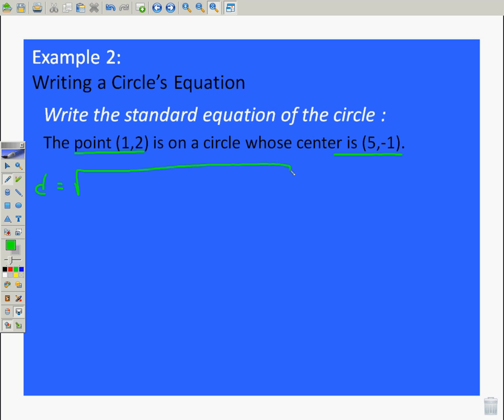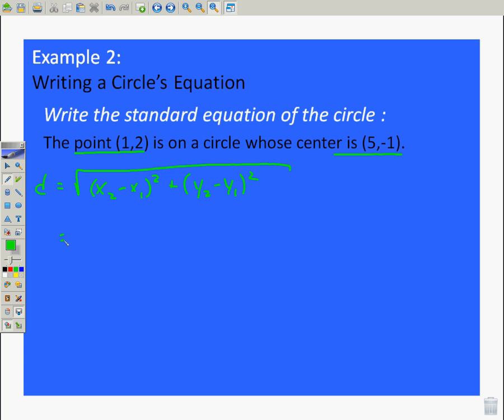And so if the distance between those two things is the radius, we use the distance formula, and we are in recollection mode right now: the square root of (x2 minus x1) squared plus (y2 minus y1) squared. So we're going to plug and chug. Does it matter which one you do first? No. Because the distance between them is the same, whether you go from point A to point B or from point B to point A. So I'm going to pick something easy for myself.